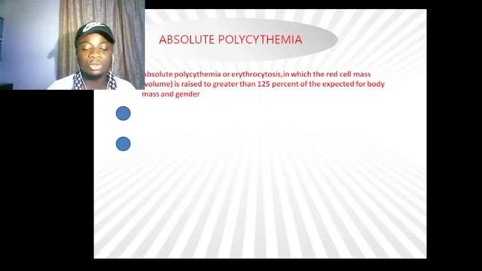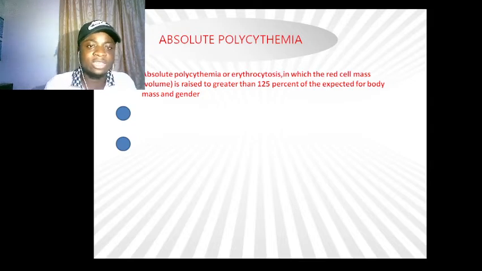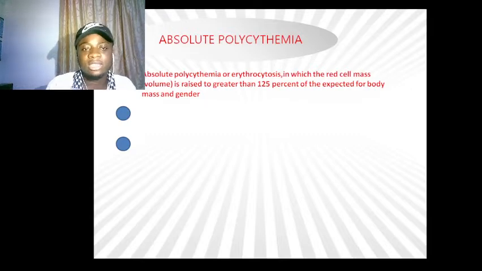So if a patient visits your facility and you find that the red blood cell mass or the red blood cell volume is raised and is greater than 125% of the expected value for body mass and gender, you can suspect absolute polycythemia.